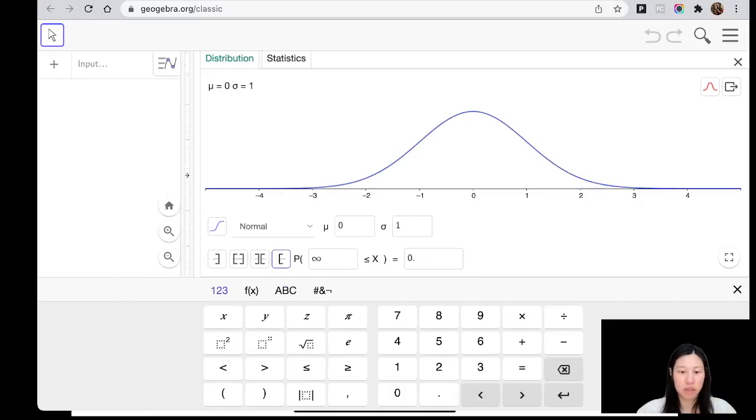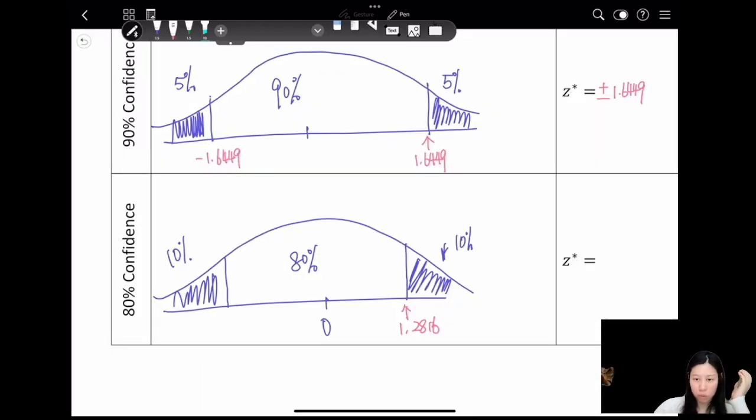Since 10% should be 0.1, this is equal to what? 1.2816. So the left side should be negative 1.2816. So the z-value, the z-score or the critical score, is positive or negative 1.2816. Okay.